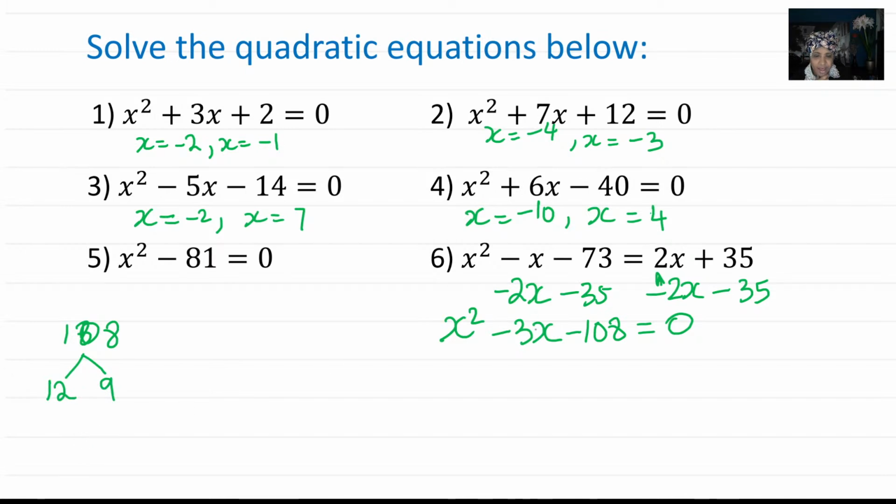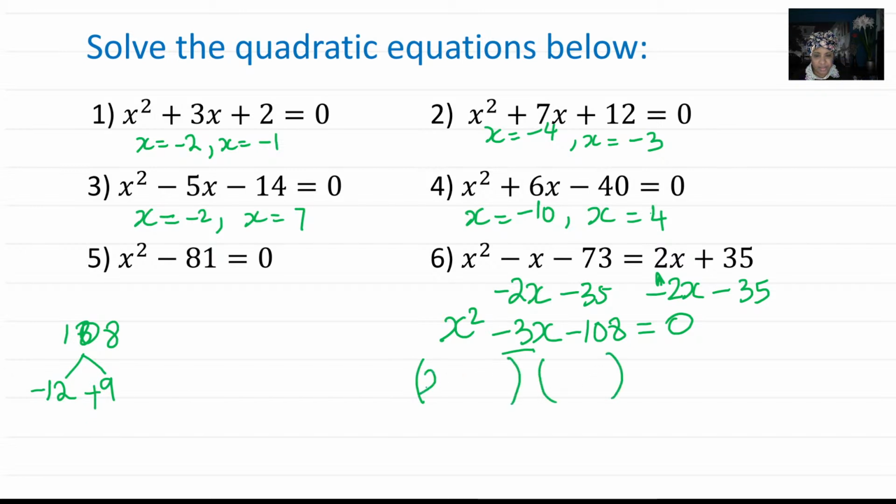Now, we do have a negative 3 here. So, which number will be the negative one? Well, in order to have a negative number, the bigger number needs to be the negative. So we can have negative 12 and plus 9. So that is all you have to do. All right, so 2 brackets.